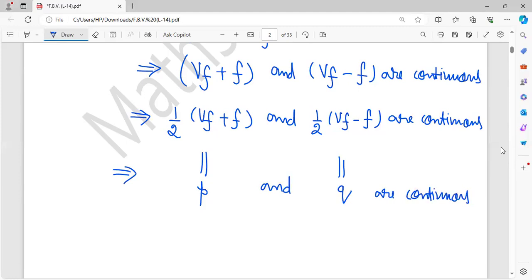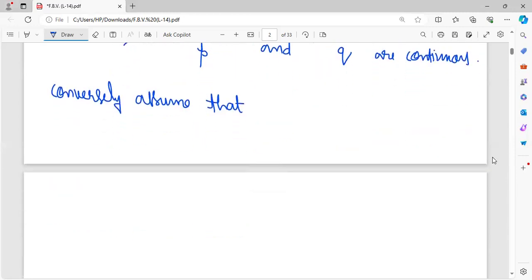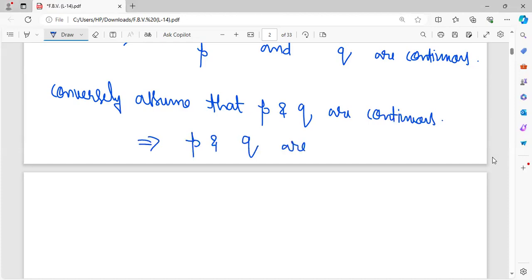Now we assume the converse part. Conversely, assume that P and Q are continuous.